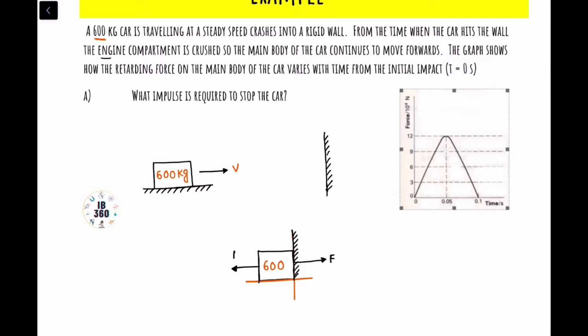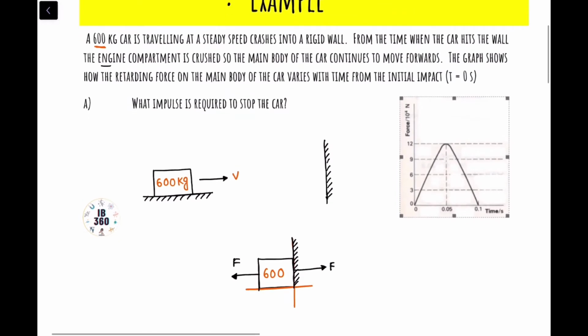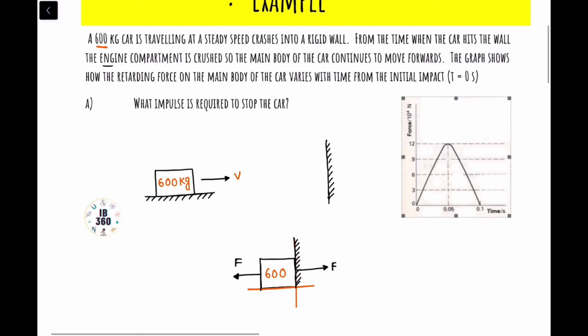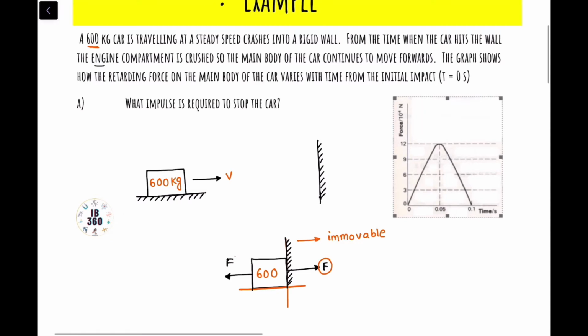So the wall will apply a force F on the car. But the wall is immovable, so this force is not moving the wall, it's being absorbed by the wall. But this force is actually helping in the retarding of the car.